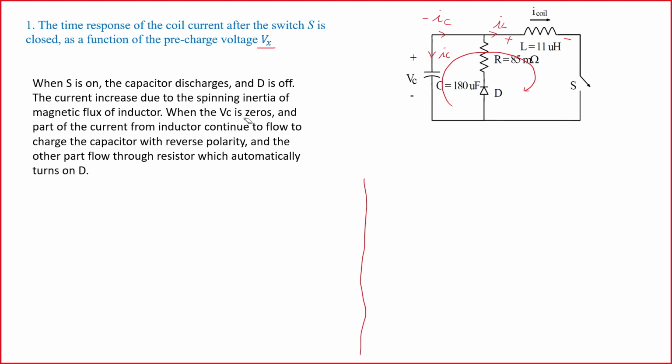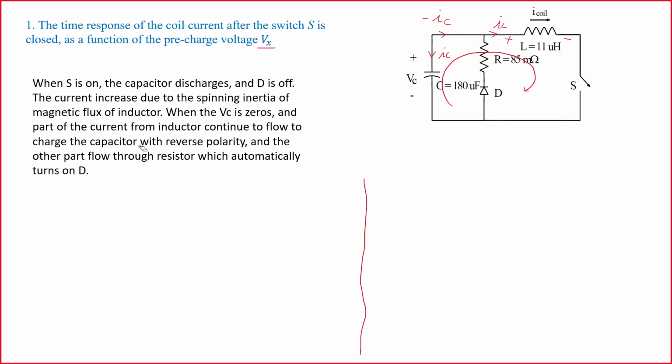When VC is 0, part of the current from the inductor continues to flow to charge the capacitor with reverse polarity. Actually, we cannot say it 100% because it depends on the values of the parameters R, capacitance and inductance.